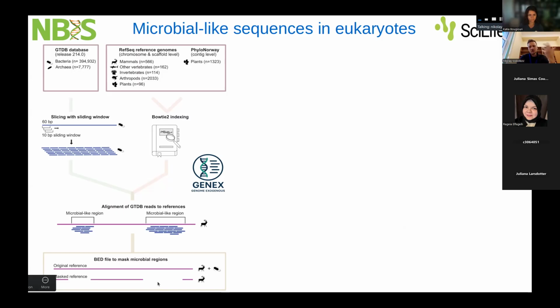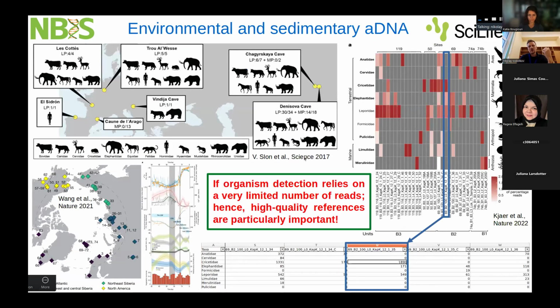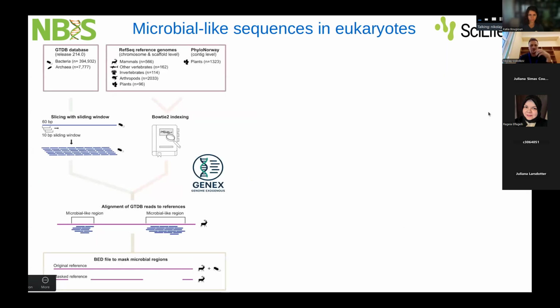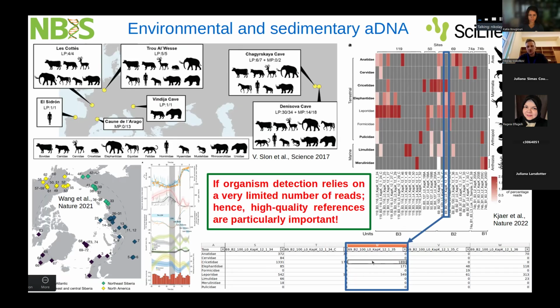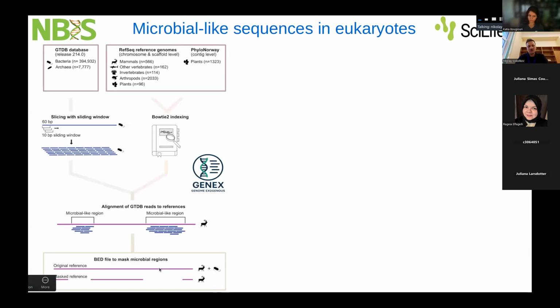But when you do this risky research, and you're claiming that you detected mammoth from a soil sample, or another exotic mammal from a soil sample, you better be on the safe side. You better make sure that these few hundred reads are not originating from suspicious regions in your reference genome.